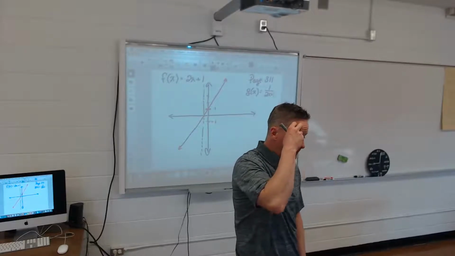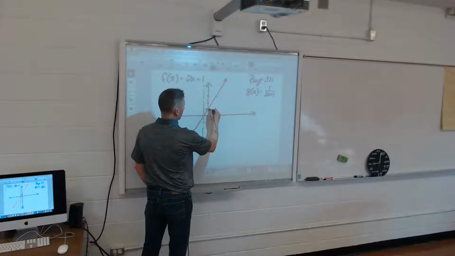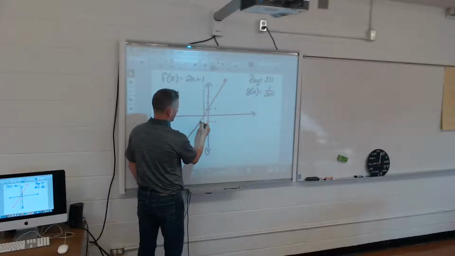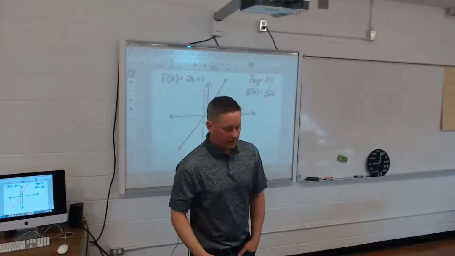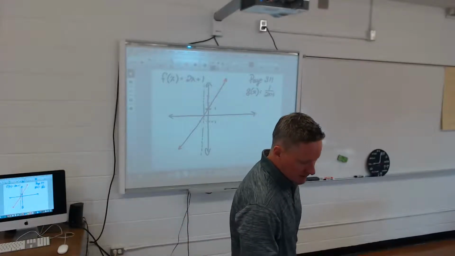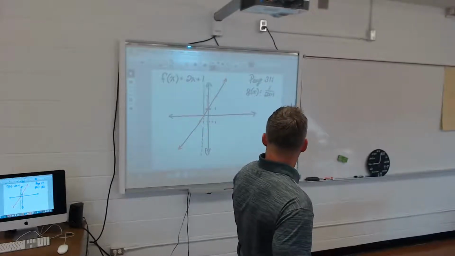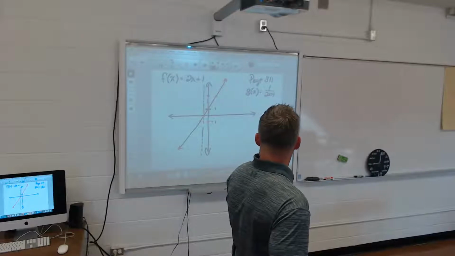Now the invariant points. The invariant points are where y is equal to 1 and y is equal to negative 1. So those are your two invariant points right there. All right, at plus 1 and negative 1. So the invariant points are at 0 and 1 and at negative 1.